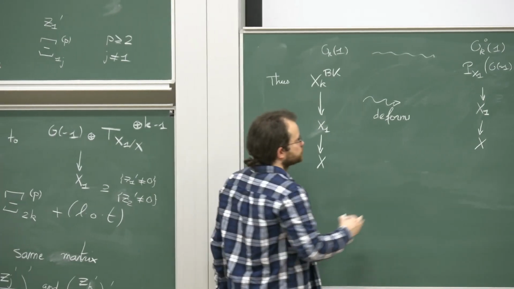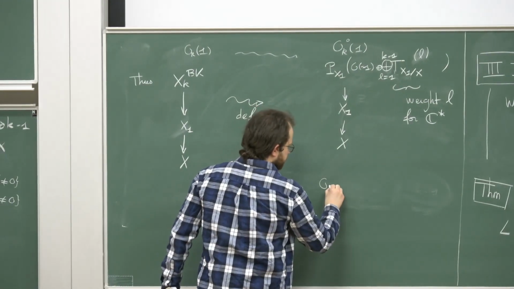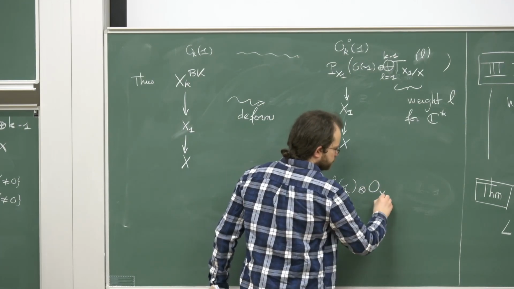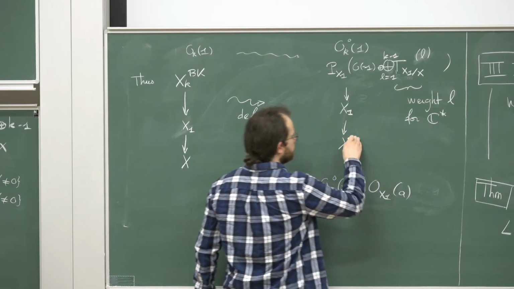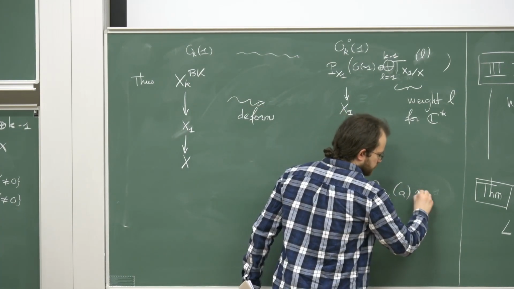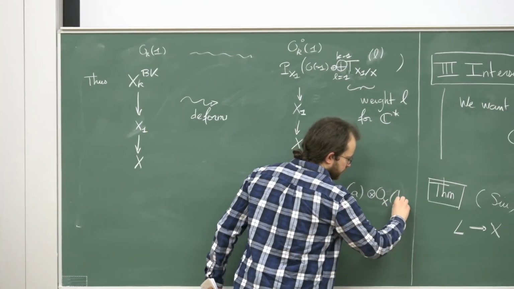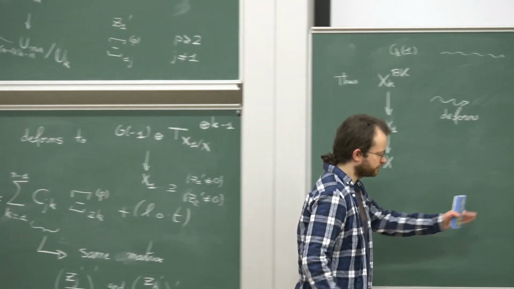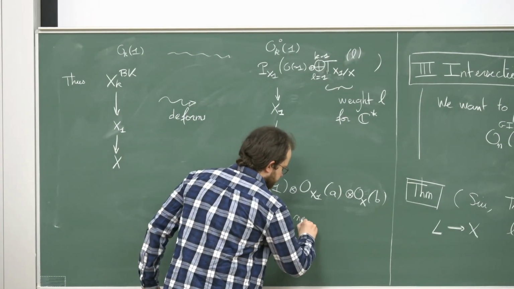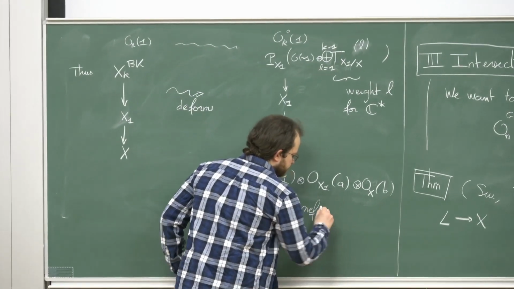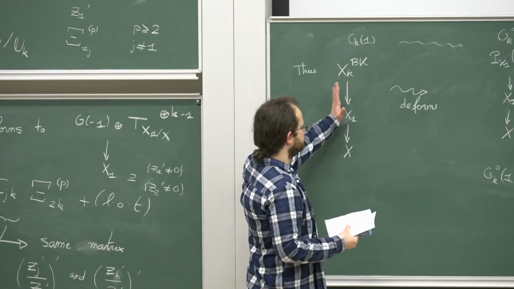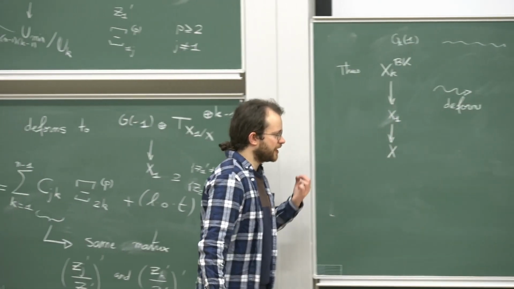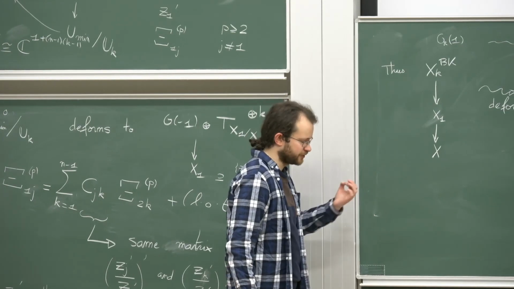And so if you manage to prove, for example, that the O_{X_k}(1) tensor some twist, say, coming from both stages, is Nef, then Nefness carries to the deformation, because actually the deformations that you get to pass from here to there are constant outside the central fiber.